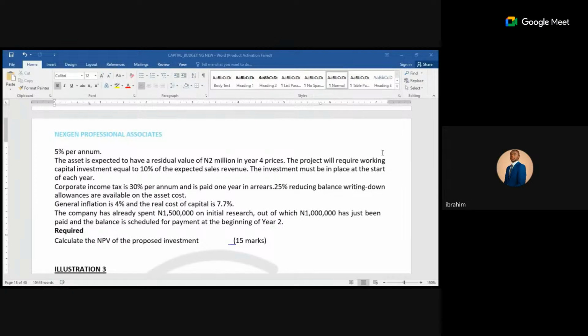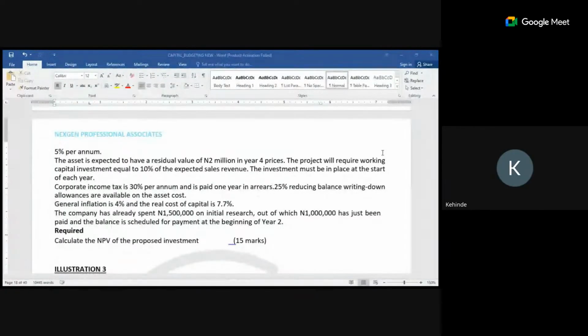To discount the project. The company has already spent 1.5 million on initial research, out of which 1 million has just been paid, and the balance is scheduled for payment at the beginning of the year. So, class, is this a relevant cost? The 1 million, is this relevant?